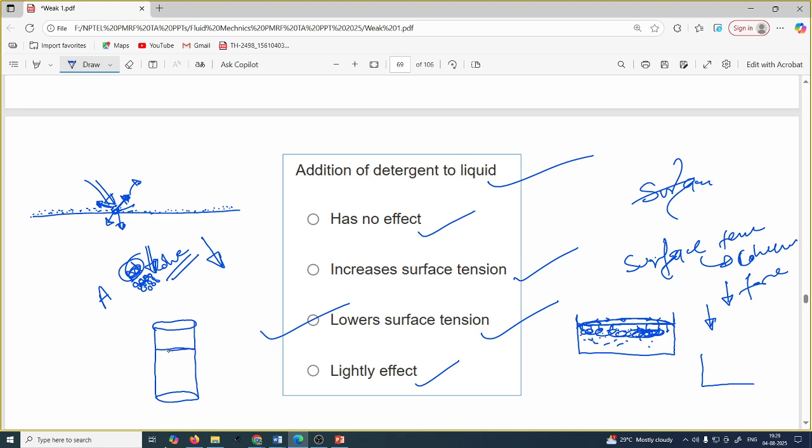It may be a little bit lower, or sometimes like that. This is another concept, the meniscus effect. We will discuss it later, but remember this concept about surface tension.